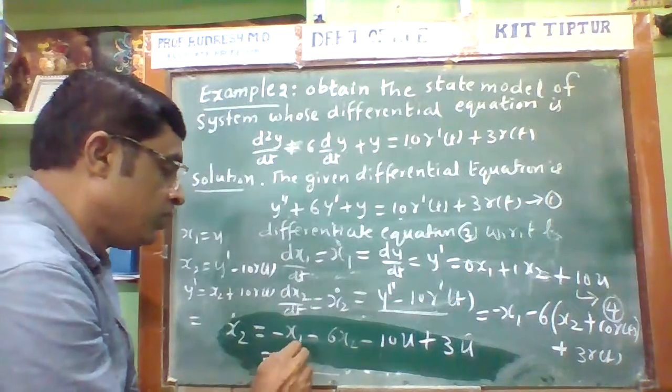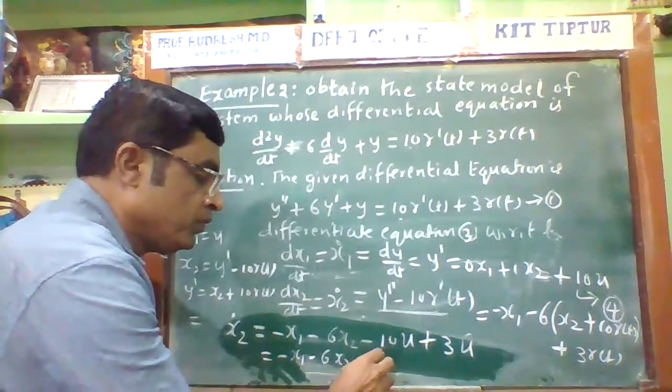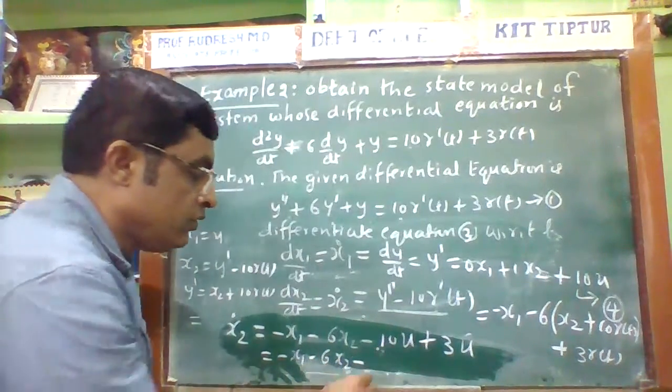Now this is equal to minus x1 minus 6x2 minus 60u plus 3u.